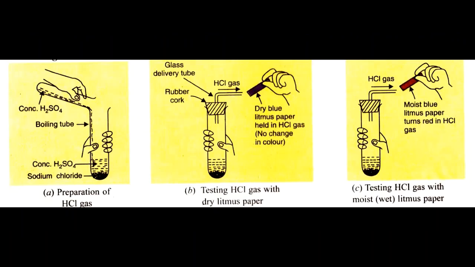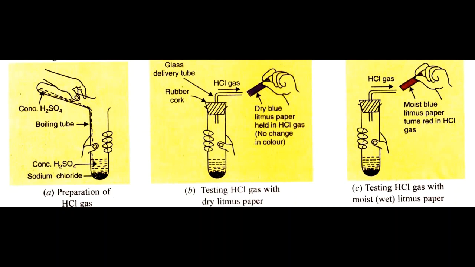Now the second experiment you have seen: if we mix concentrated sulfuric acid in a hot tube on some sodium chloride, HCl gas, not HCl solution, will be produced. You see in the second picture how through a rubber cork and a glass pipe HCl gas is passed.